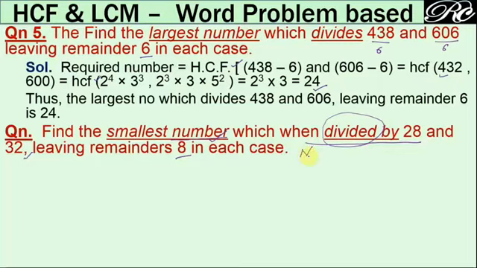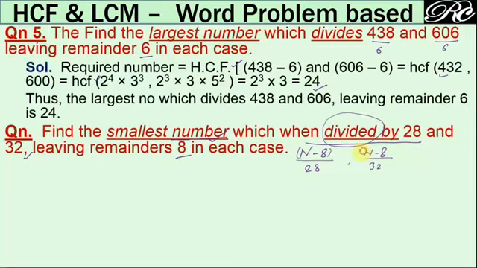We have to find this n such that when n is divided by 28, it leaves a remainder 8. Means if we take n minus 8, then this n minus 8 should be divisible by 28, and also for the second case, n minus 8 should be divisible by 32.